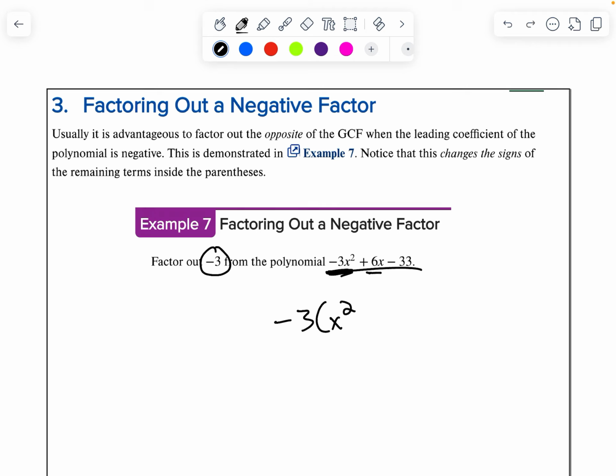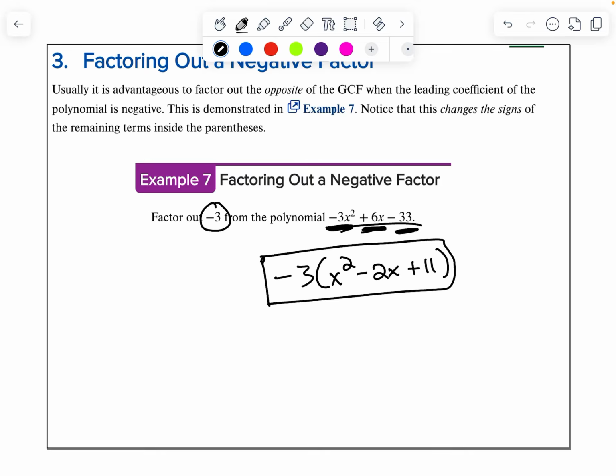Negative 3 out of positive 6x is going to be a negative 2x. Negative 3 out of negative 33 is going to be a positive 11. Notice the signs changed in every single one of those items because I was taking a negative 3 out, essentially dividing by a negative 3.